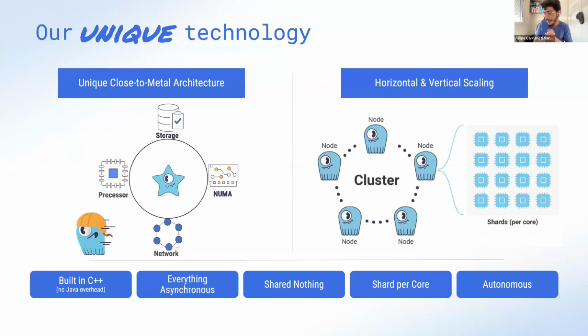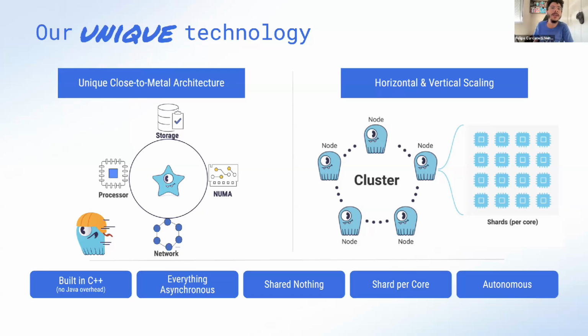And I probably could spend lots of time just on this slide alone, but what I want you to really understand when you think about ScyllaDB is that basically what we did is we applied low-level programming concepts, which we brought from operating systems and the Linux kernel, and we transported those concepts to the world of databases.